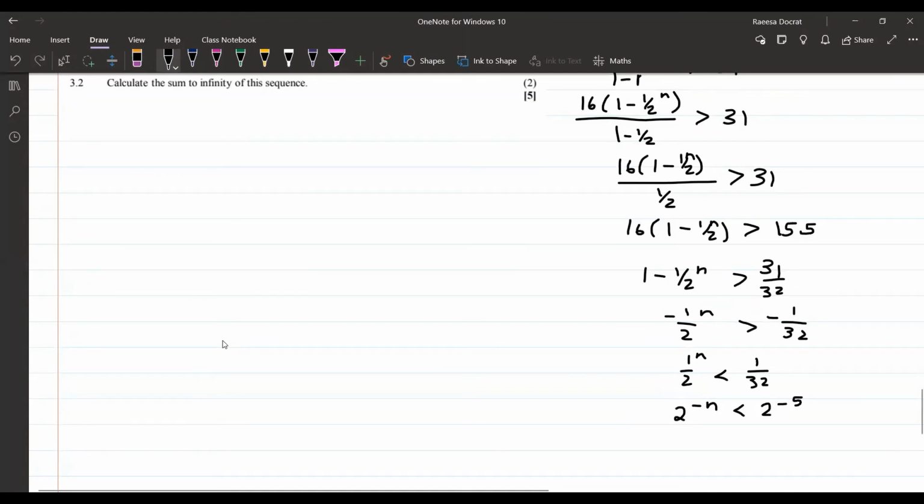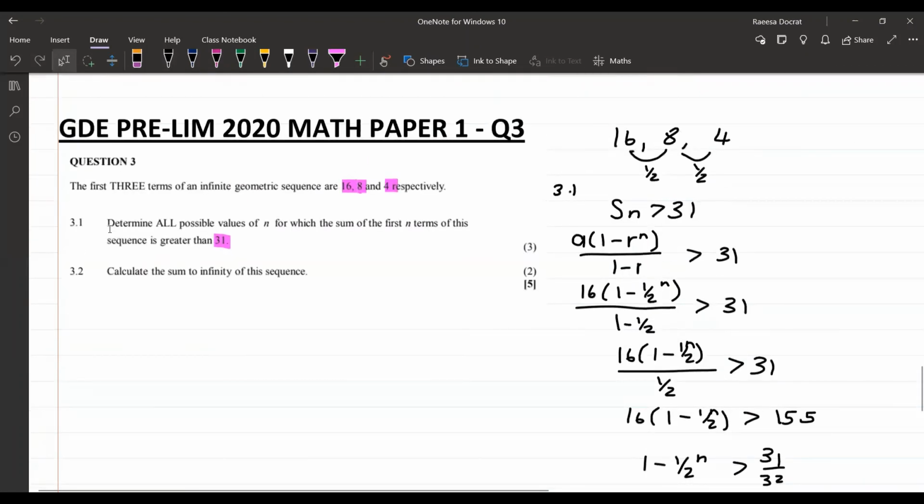So this here is then minus n is less than minus 5, and once again I'm dividing by a negative and I am swapping directions. So we have that n is greater than 5. That's when the sum will be greater than 31.